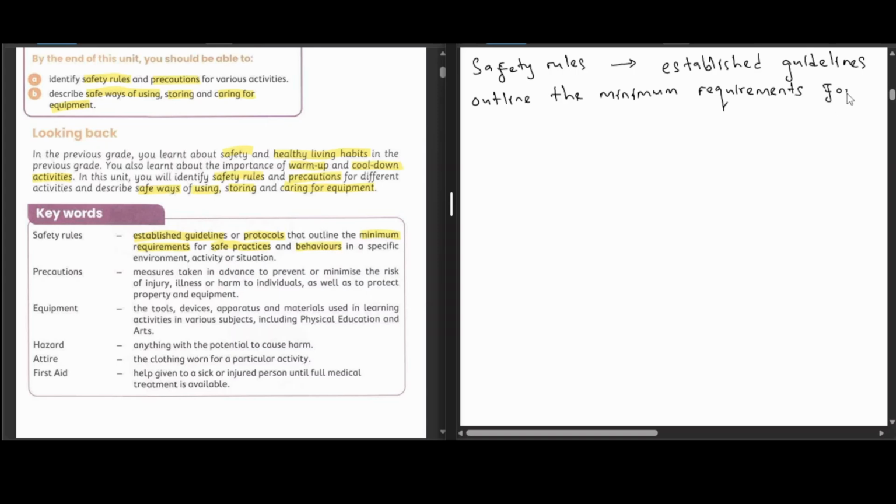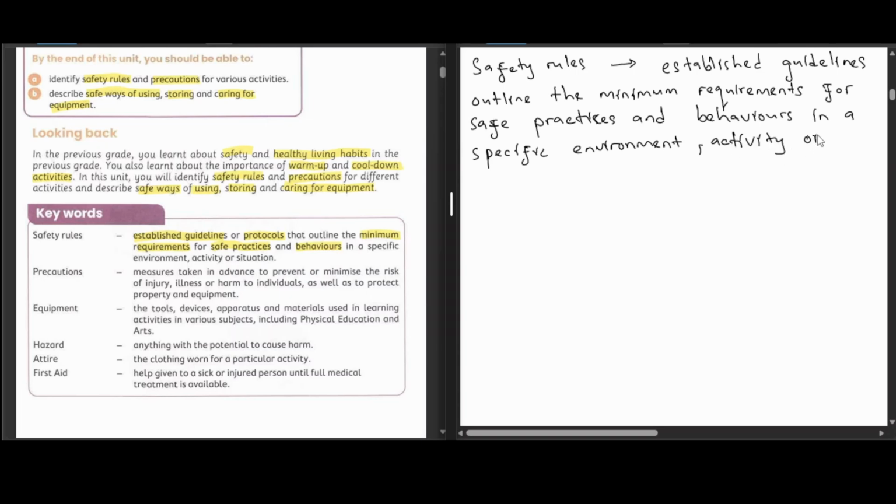For safe practices and behaviors in a specific environment, activity, or situation.